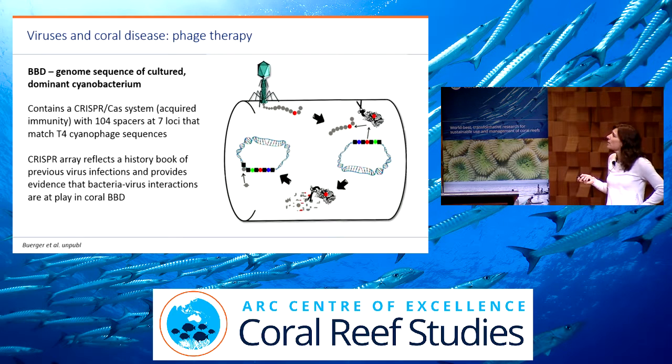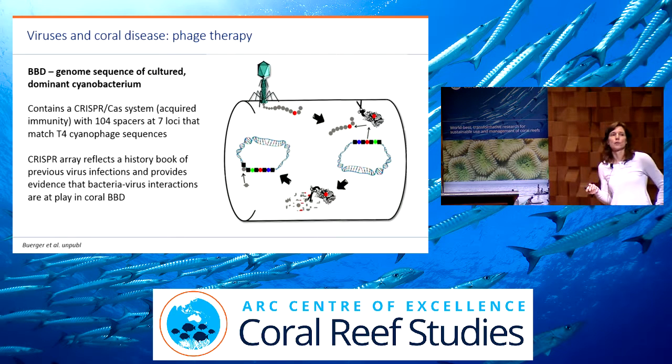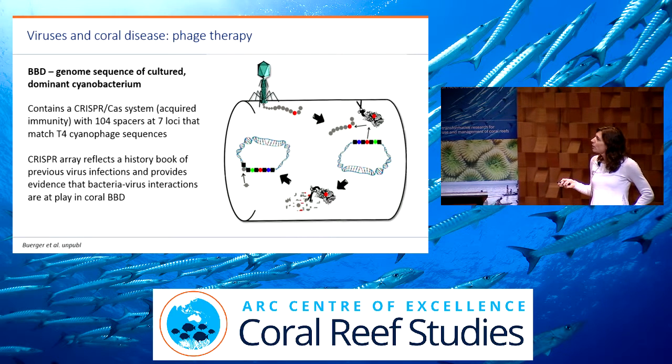And what he found is that this genome contains the CRISPR-Cas system. This is an acquired immunity system that some bacteria have to defend themselves against viral infections. What happens is once a virus inserts its genome into the cyanobacterial cell, parts of its genome are incorporated into this CRISPR-Cas system in the host genome.